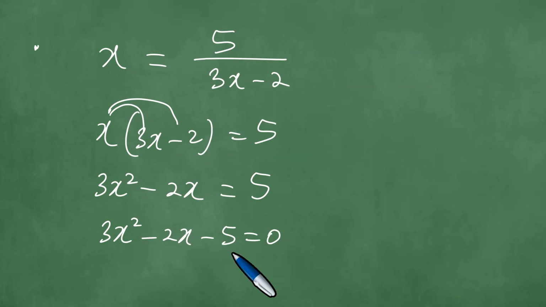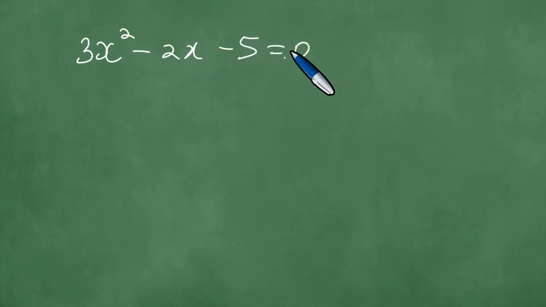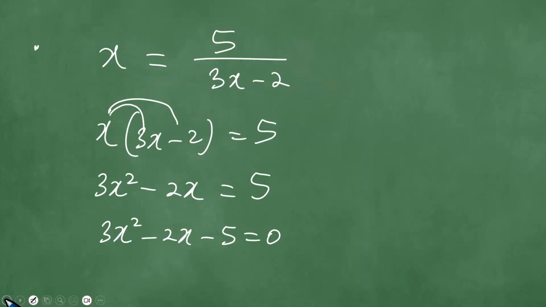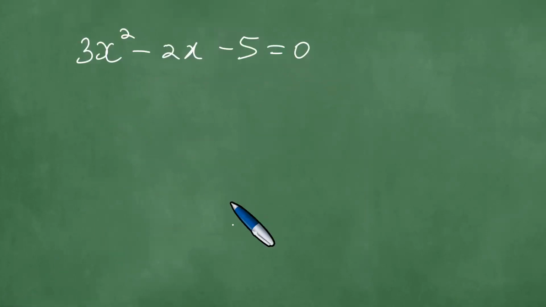Now we get to this point where we have 3x squared minus 2x minus 5 equals 0. What do we do here, anyone?